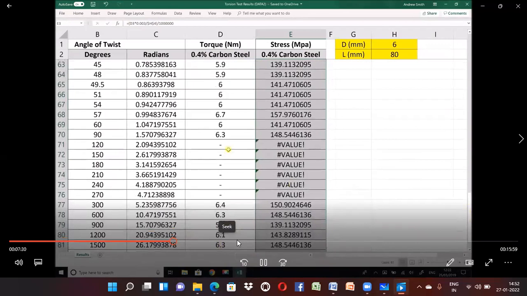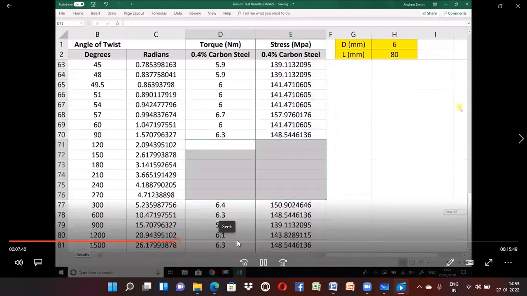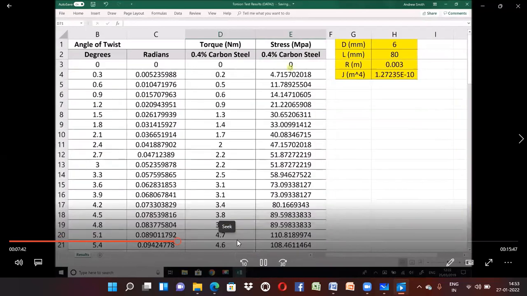Now, when the test was carried out, some data was missed. So what I'm going to do is just remove these sections here for the missed data, as otherwise that would impact on our graphs. And I'm going to plot two graphs. The first graph that I'm going to plot is angle of twist against torque. Now recall that the general torsion equation came in 3 parts.